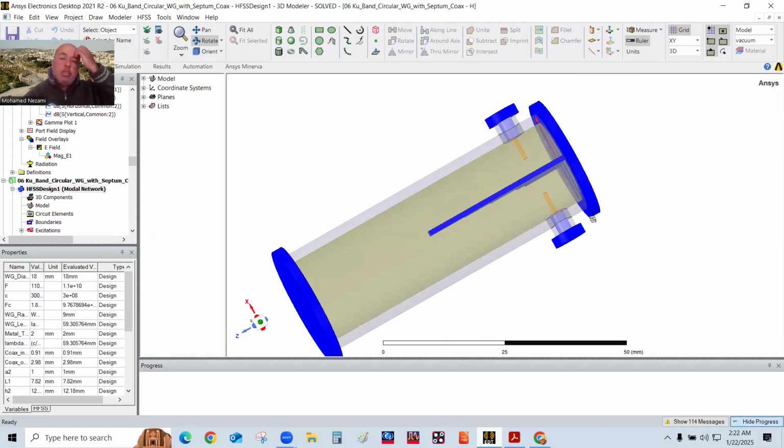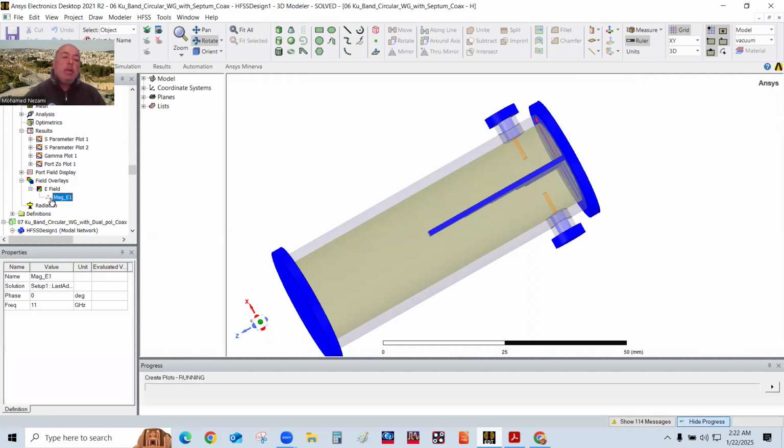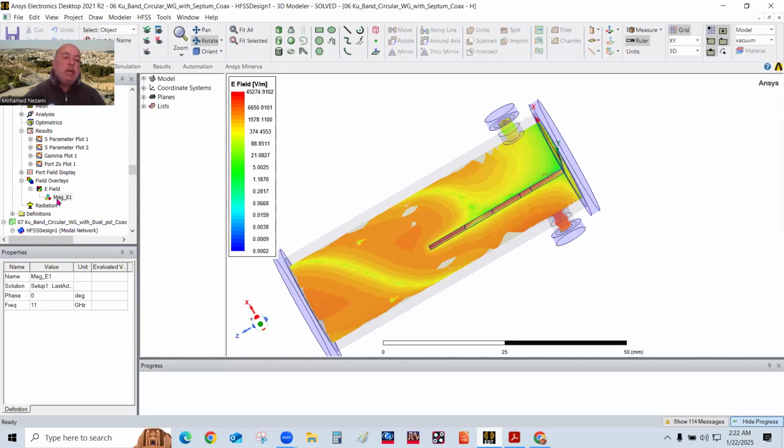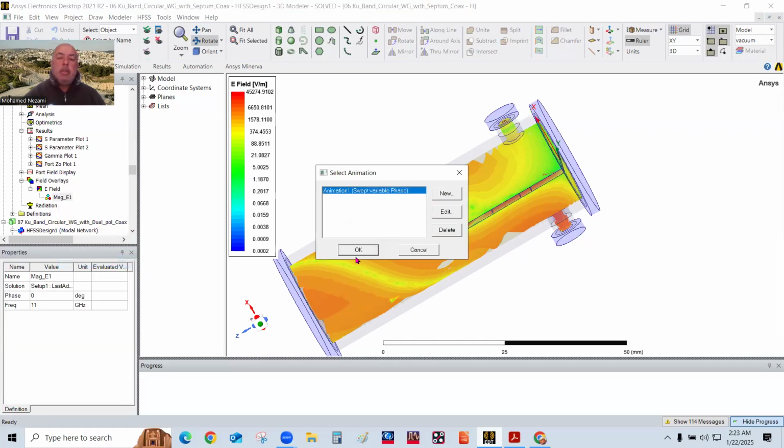If it's short-loaded at a quarter wavelength, that means it's open, so the probe sees this open and the wave bounces back and arrives with zero phase shift relative to the incoming signal. Let me show you how that is done. Okay, so let's animate this.